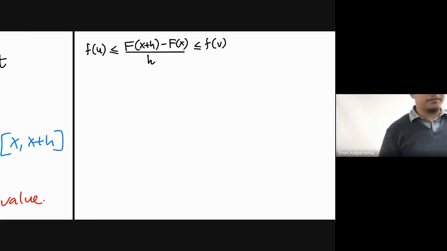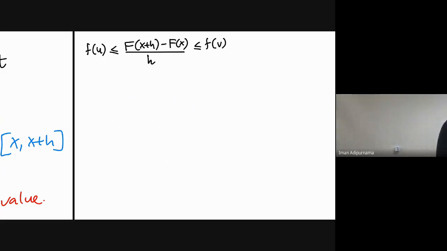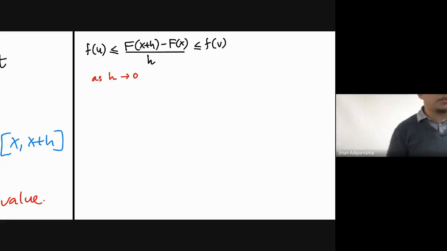Okay, we get this point now. Now in the limit, you are probably familiar with h getting closer to 0.